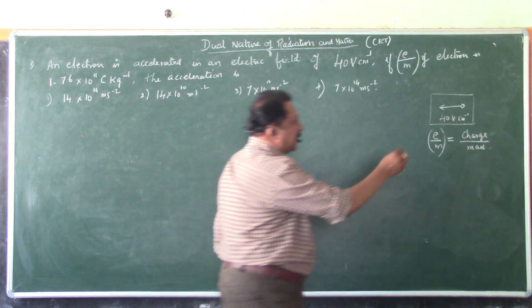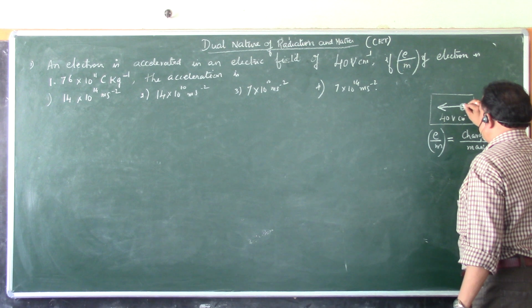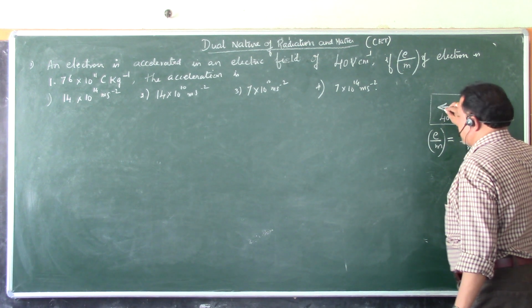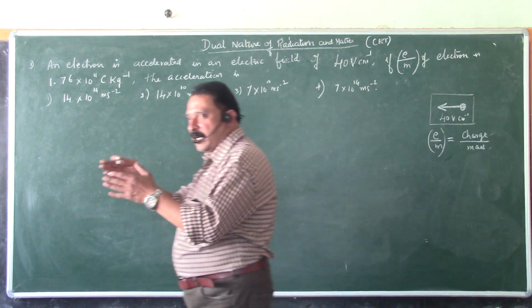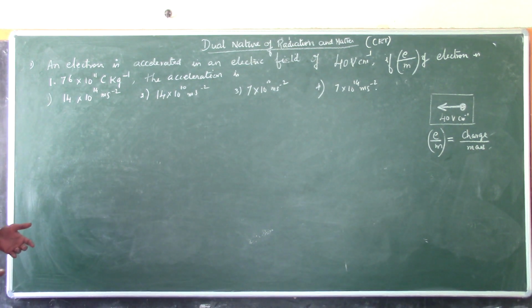Now this electron is accelerated in the electric field. As it is accelerated, the electric field will exert an electric force on the electron, because the electron is also a charged particle.